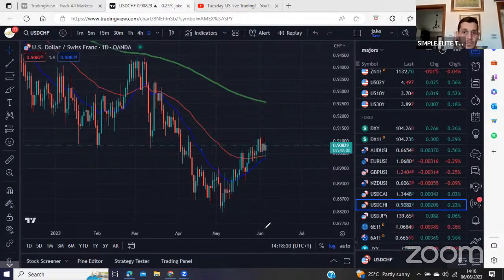I don't trade this dollar Swiss franc, but we'll probably see some change of trend, and we already see some. So phase 1, phase 2, it benefits our dollar strength. So yeah, this is my view at the moment.